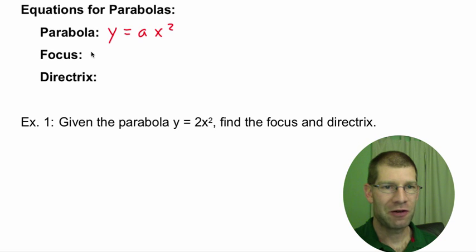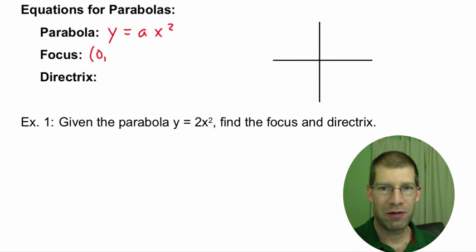And the focus now is going to be that point. I probably should draw this out. What I'm really trying to say is this. If I have a graph, we're looking at a parabola that's either going to open up or open down, and its vertex is centered at the origin. So it's going to look maybe something like this.